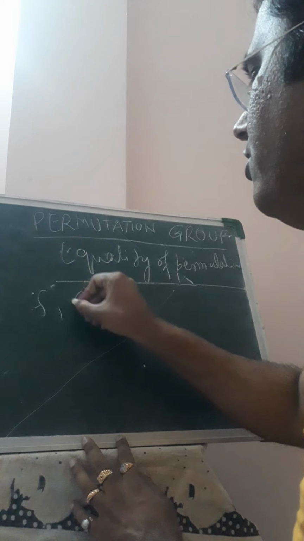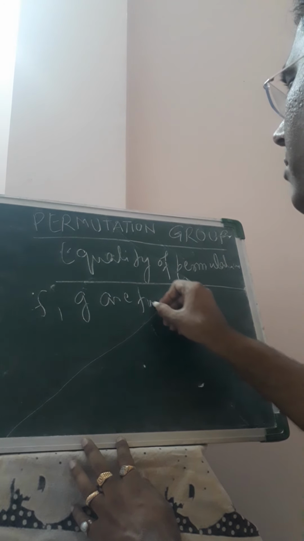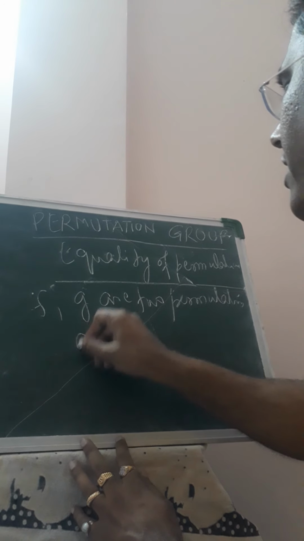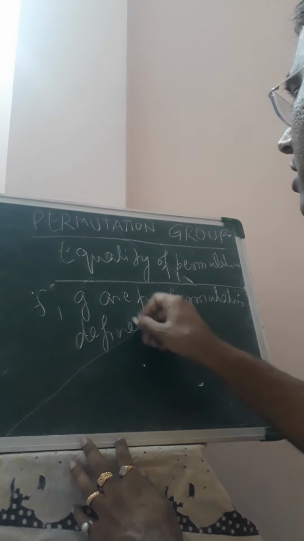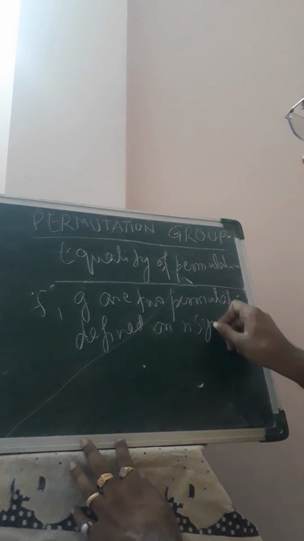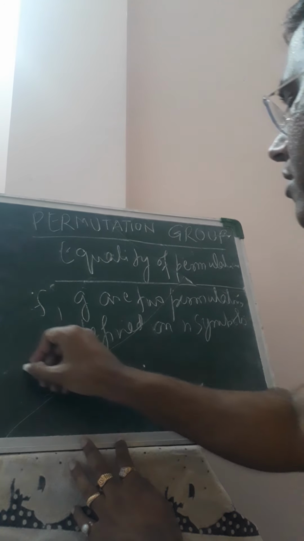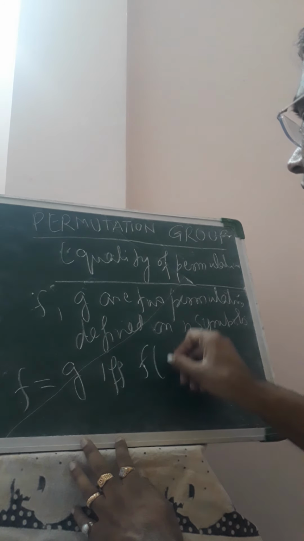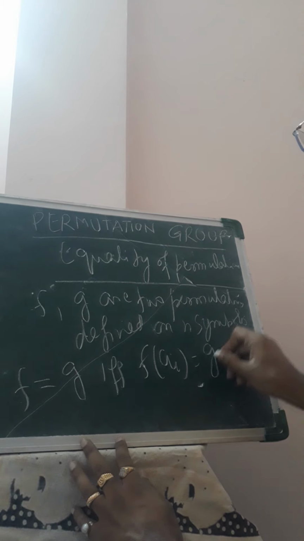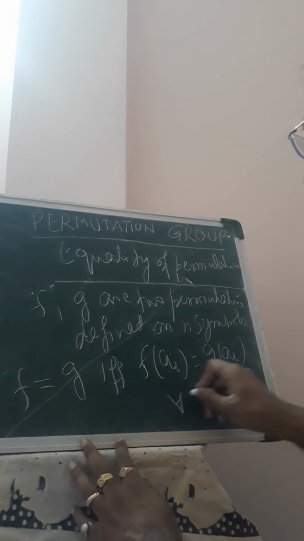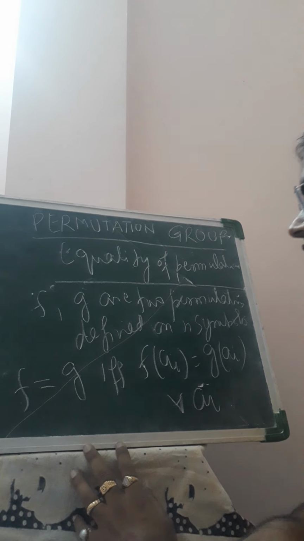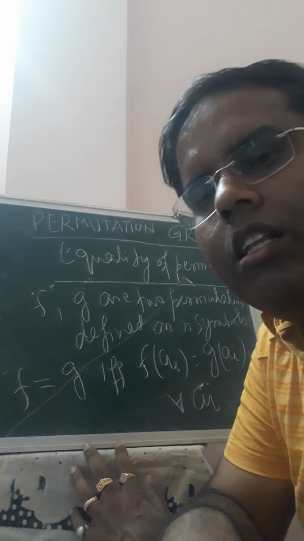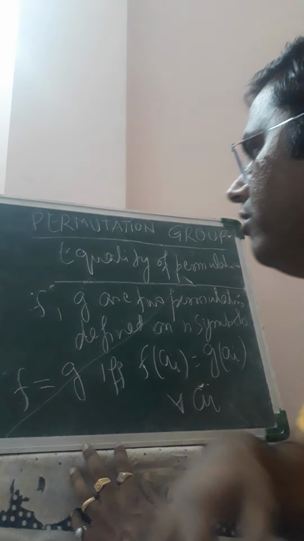Suppose F and G are two permutations defined on n symbols, then we say that F is equal to G if and only if F of Ai is equal to G of Ai for all Ai. So if F of Ai is equal to G of Ai for all Ai, then we can say that the permutation F is equal to the permutation G.